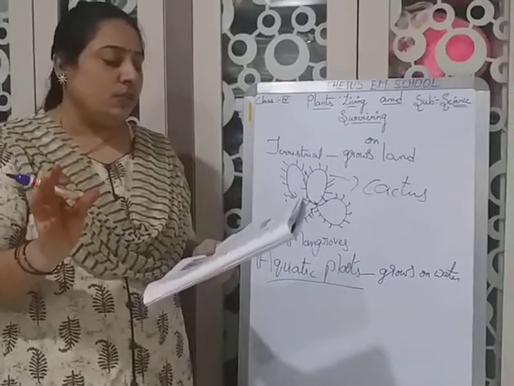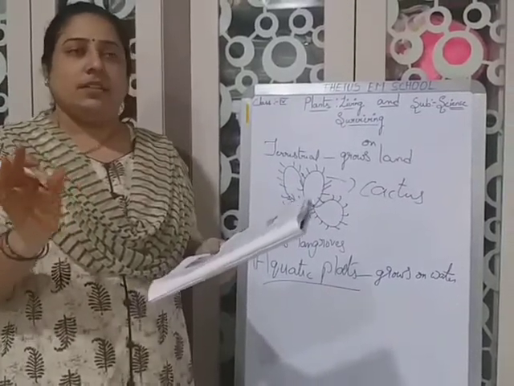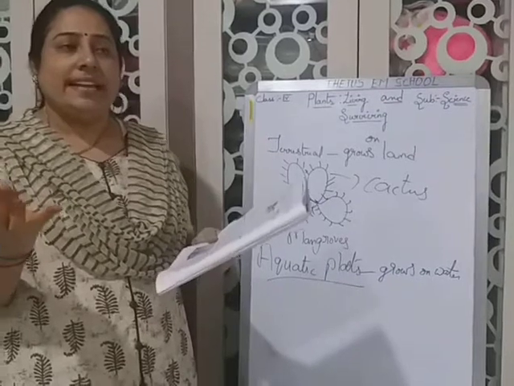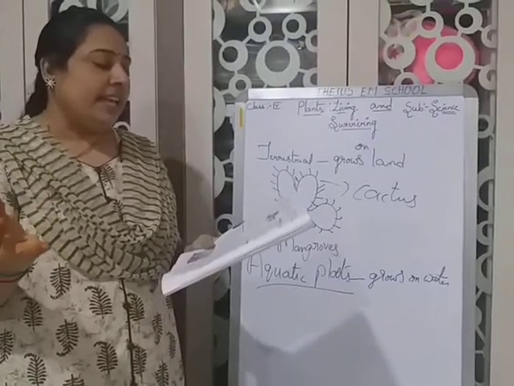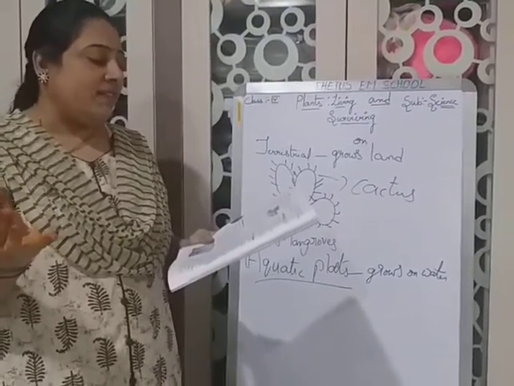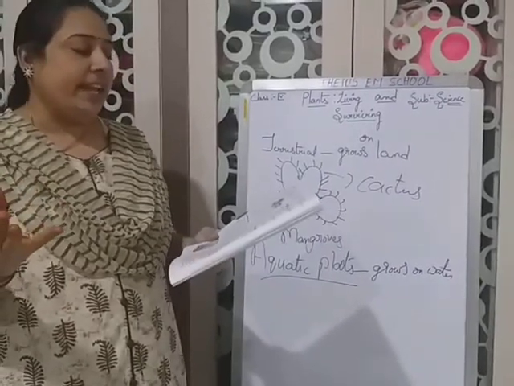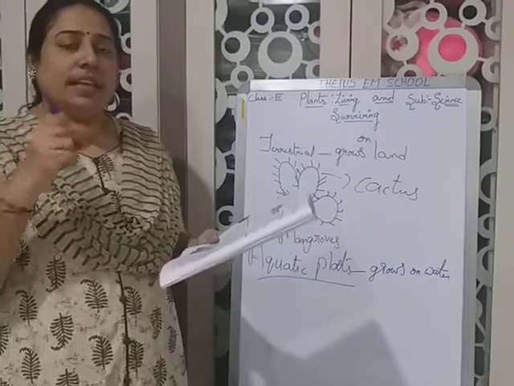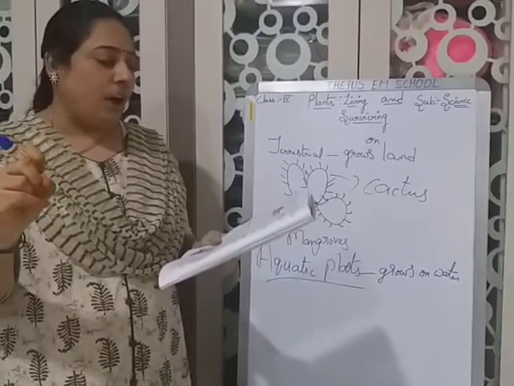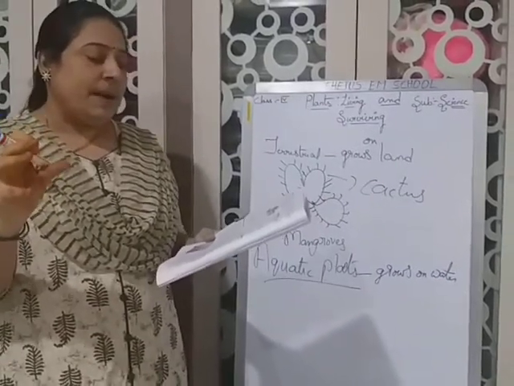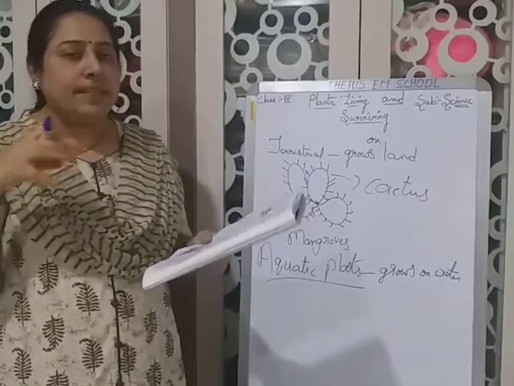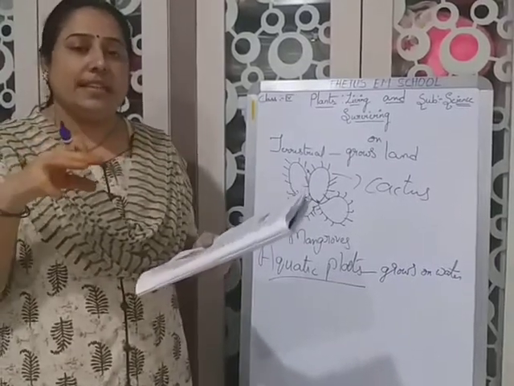This is also used to make tasty dishes. The leaves are broad and have stomata only on the upper side. The leaves of the lotus are very broad and the stomata are present only on the upper side of the lotus leaf.